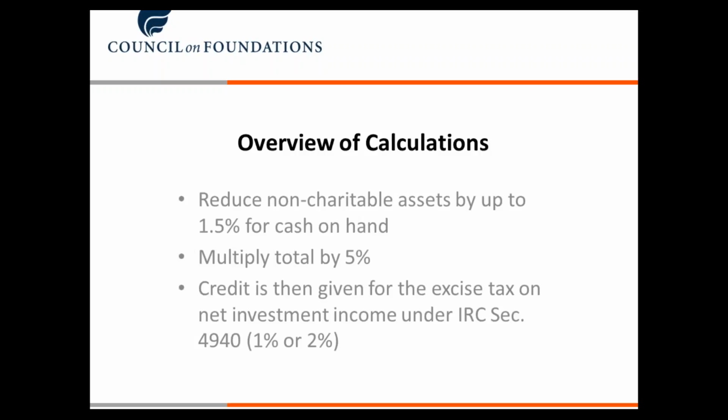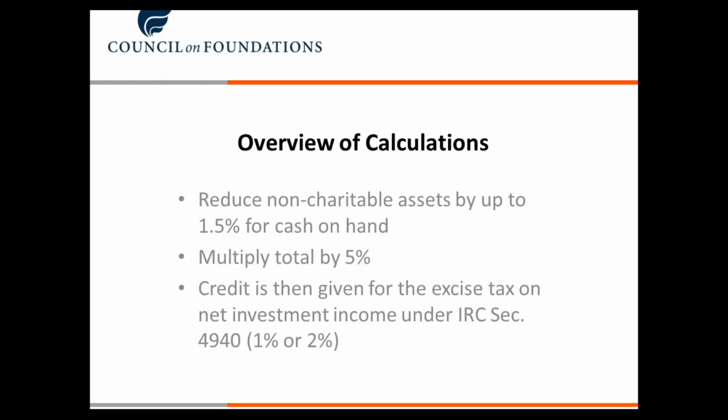So now we get to the calculation. So I said you've got your 12-month average of what your investment assets fair market value are worth in the year in question. You can reduce that value by up to 1.5% for cash on hand. So the IRS recognizes that you might have $1 million in investment assets, but you do need to keep a little safety net.